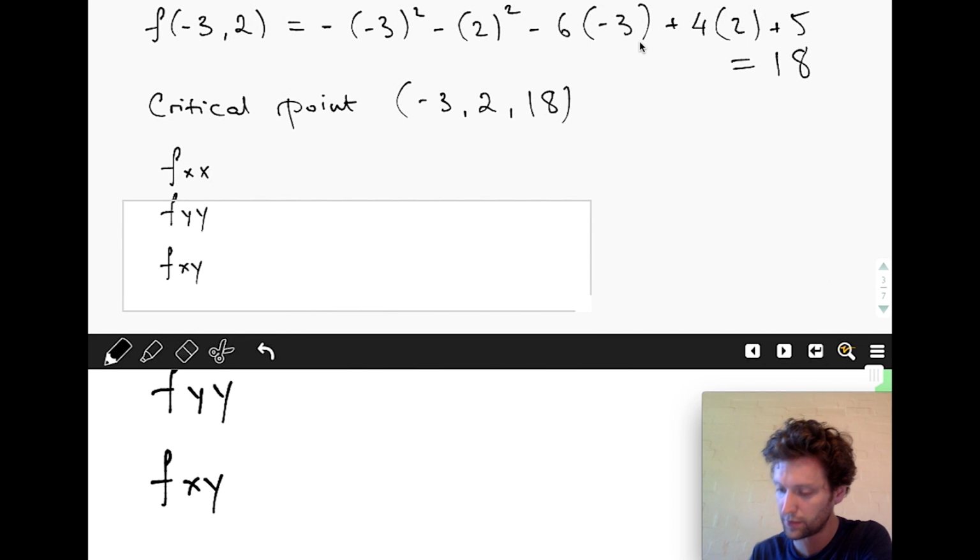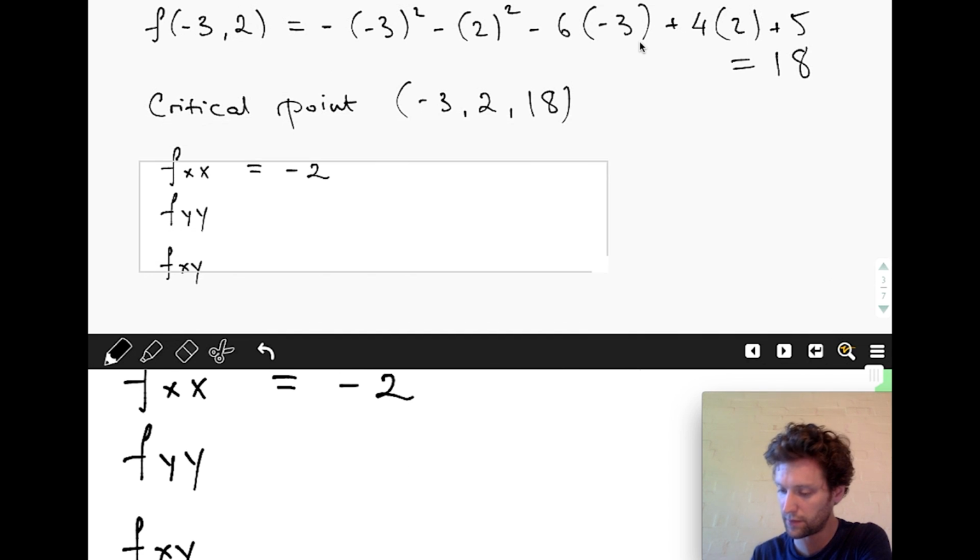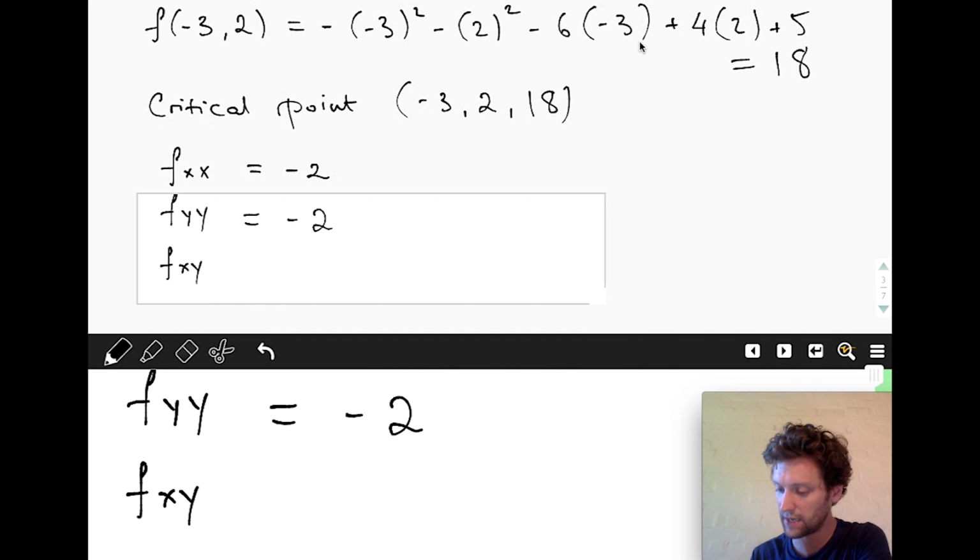So let's calculate all of those at my critical point. The second derivative with respect to x is going to be given by -2. The second derivative with respect to y is going to be given by -2. And the mixed derivative with respect to x and y is equal to 0.